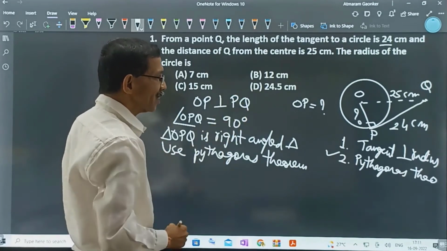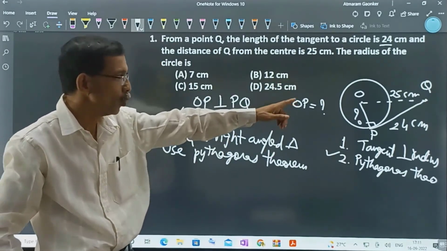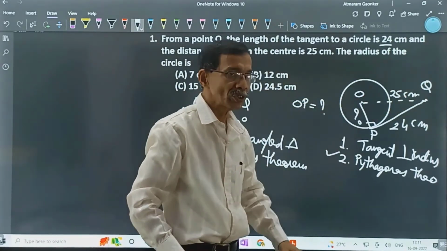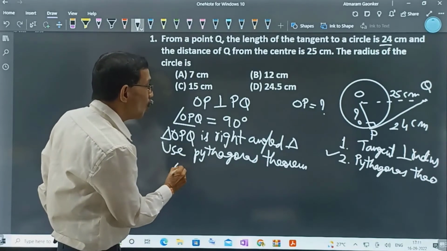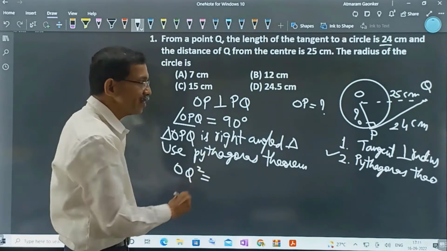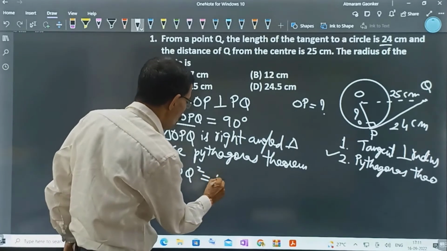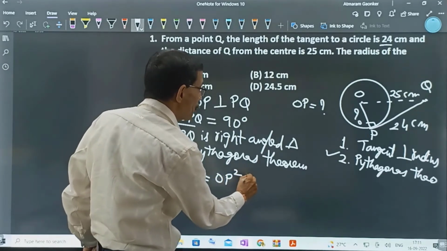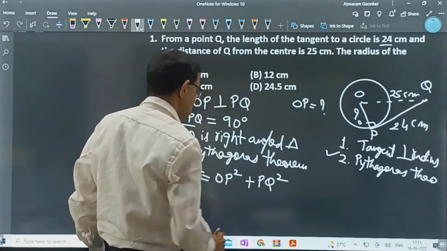While writing Pythagoras theorem, which is the hypotenuse? OQ becomes the hypotenuse, which is opposite to the right angle. So I will write OQ square is equal to the sum of the squares of the other two sides, that is OP square plus PQ square.